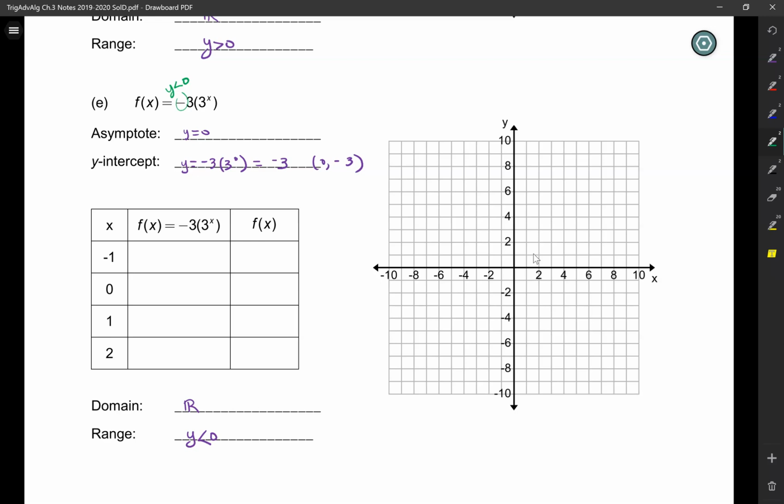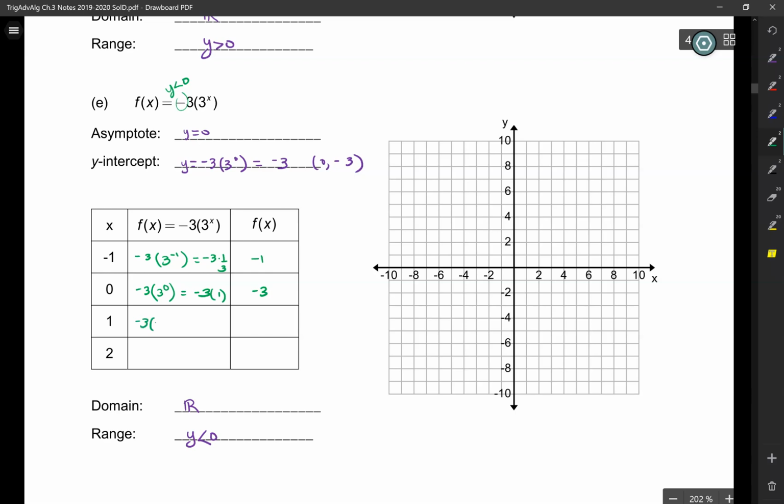Okay, so now I'm going to give you about 2 minutes to plug in the points and to graph this one. Okay, when you're done, go ahead and graph.